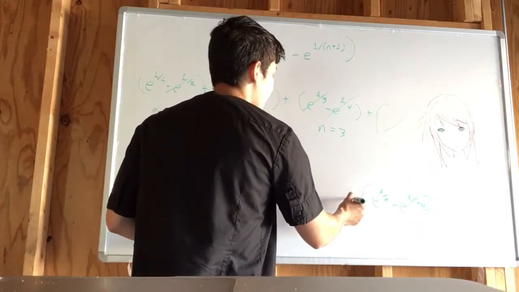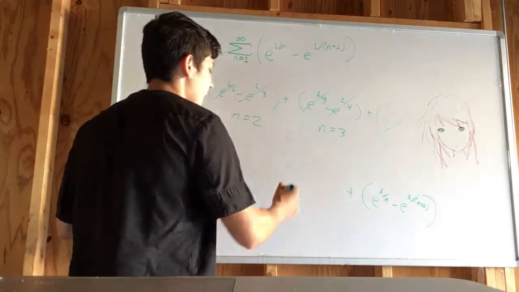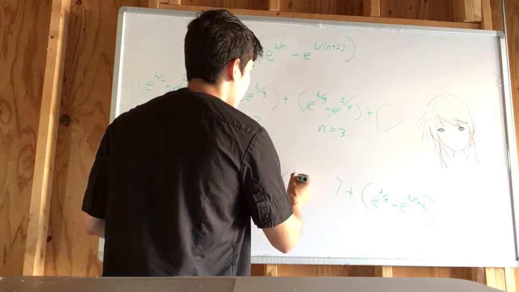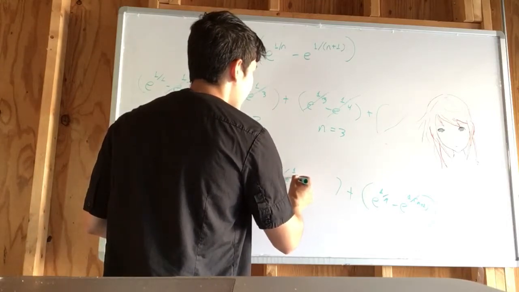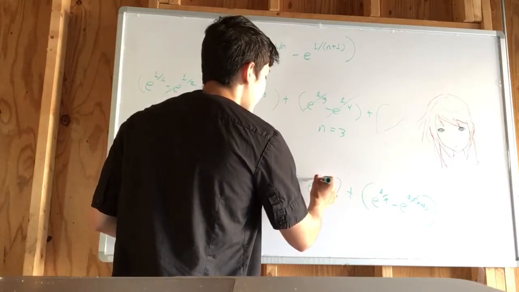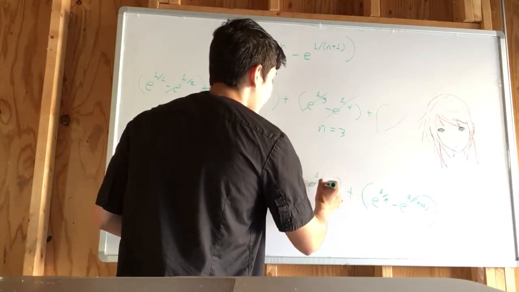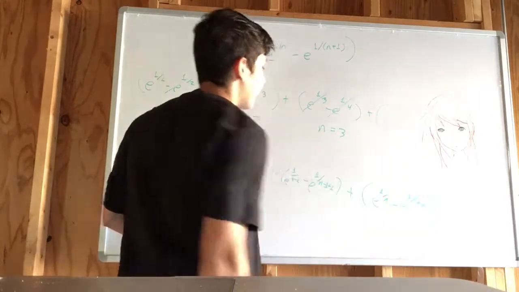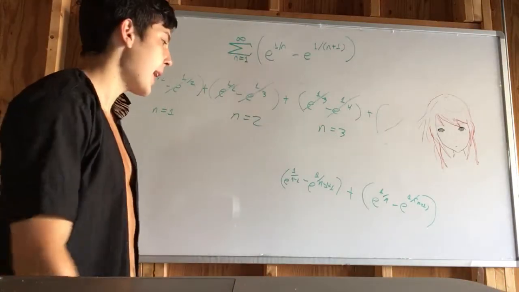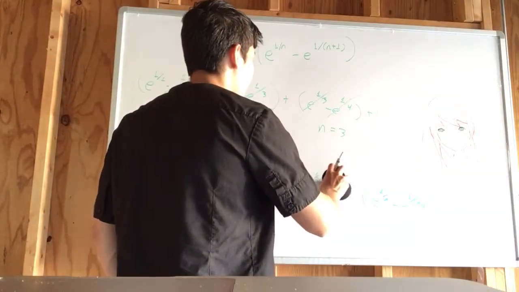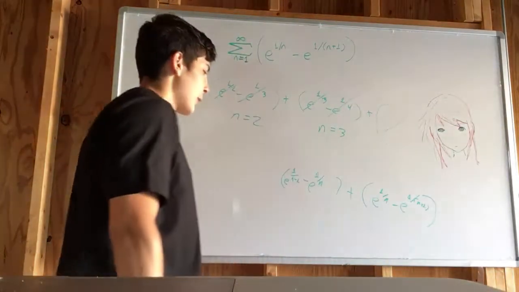And then what would be the previous term before this? The previous term would just be if we had plugged in n minus 1. So we have e to the 1 over n minus 1 minus e to the 1 over n minus 1 plus 1, because we're plugging in n minus 1 into the n. So that would give us 1 over n in that exponent.